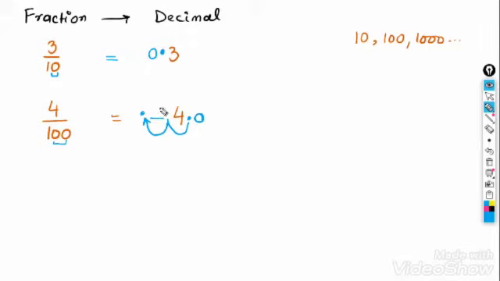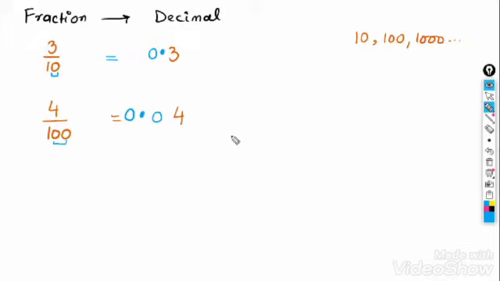I will fill this spot with a 0. Now my decimal will look like this, 0.04. In order to make this decimal point visible, I will just put a 0 here to make it 0.04. So 4 upon 100 is equivalent to the decimal 0.04.